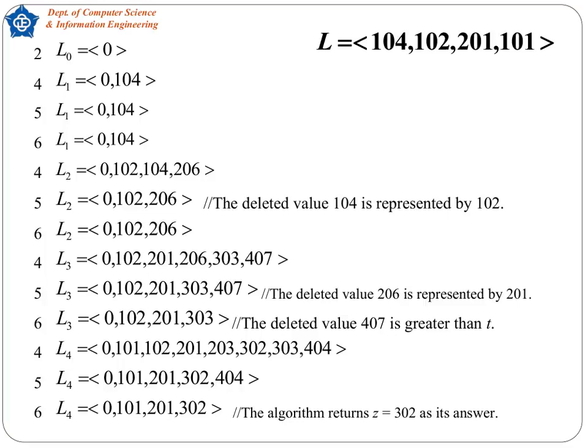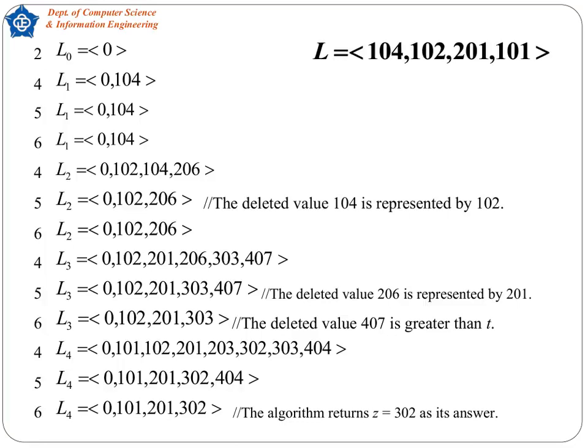Finally, add 101. We generate 0, 101, 102, 201, 203, 302, 404. Sorting and trimming yields L equals 0, 101, 201, 302. The largest sum not exceeding T in L is 302, so our algorithm outputs 302 as the approximate solution.